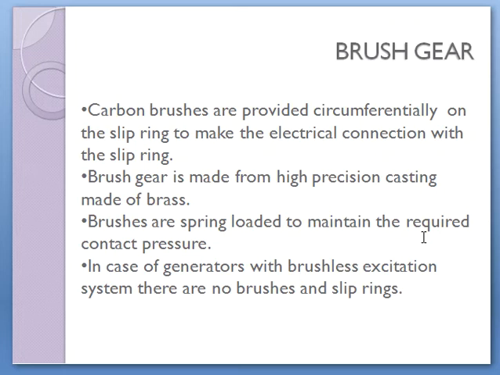Brushes are spring loaded to maintain the required contact pressure, because since the field is rotating, the brushes should not come in contact with the rotor, but at the same time they should be so close that the electric current from the field windings can be linked to the external circuit.